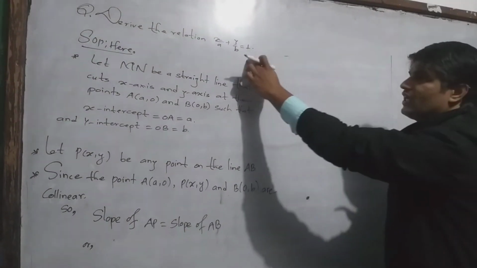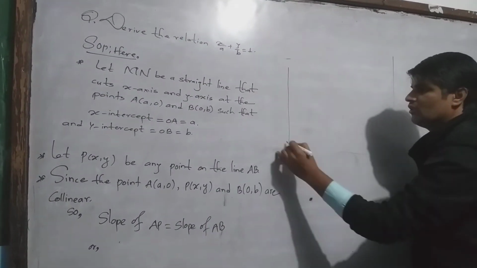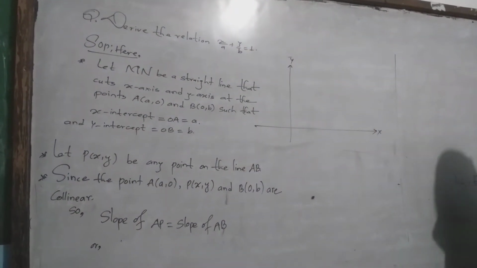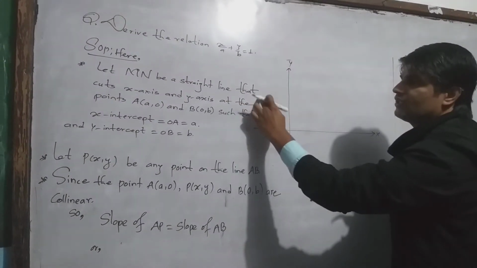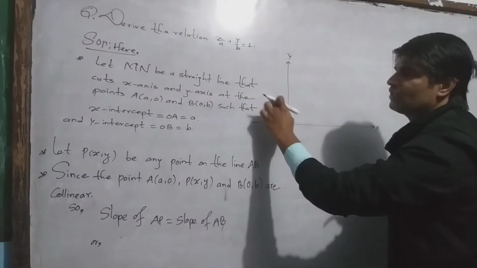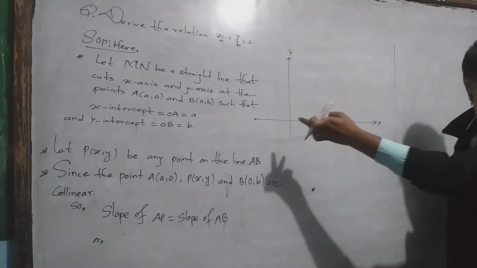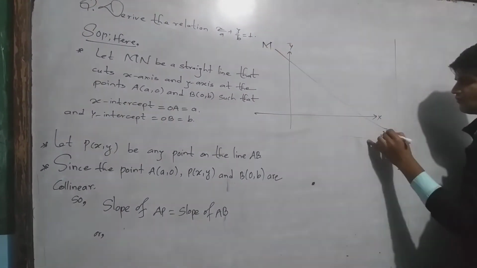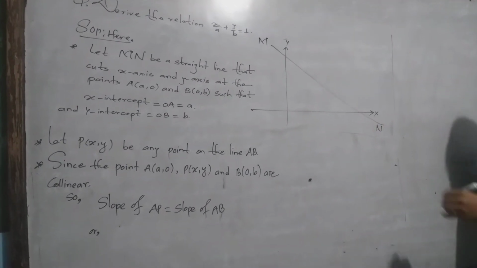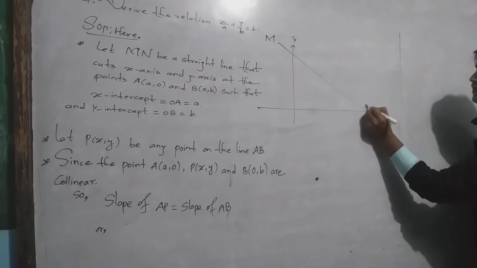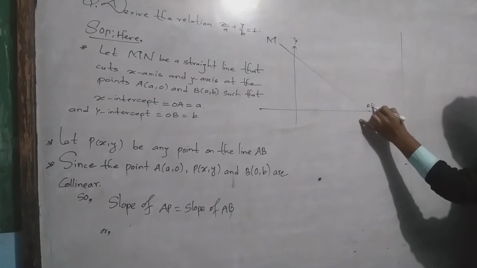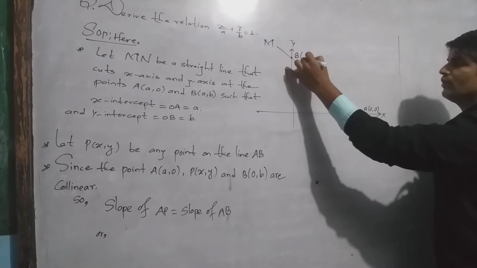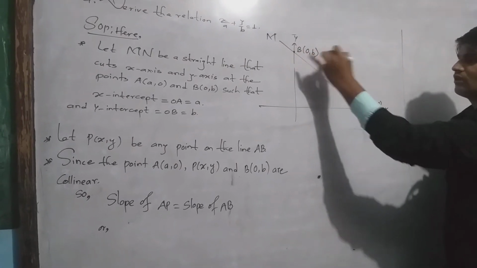To derive this equation, first of all, in the coordinate axes, this is the x-axis, this is the y-axis. Let MN be a straight line that cuts the x-axis and y-axis at the points A(a, 0) and B(0, b). This is the line MN. Point A on the x-axis is (a, 0), and point B is (0, b).